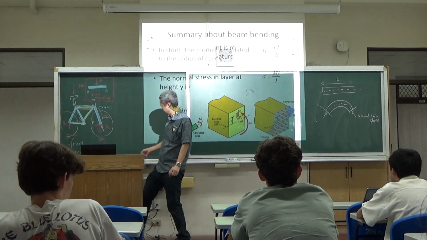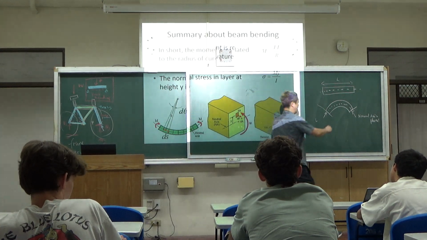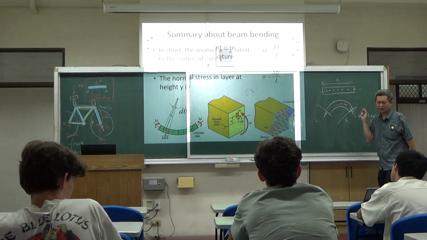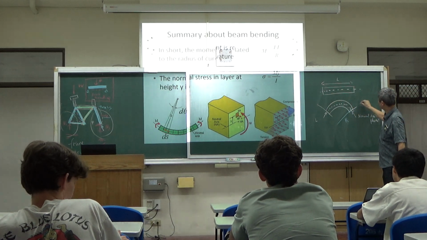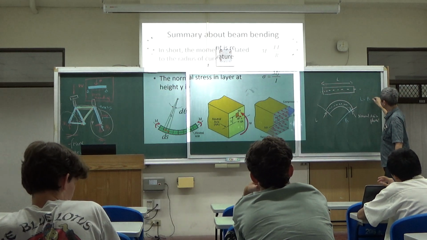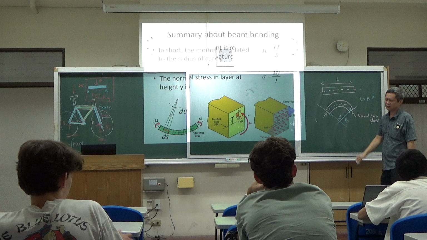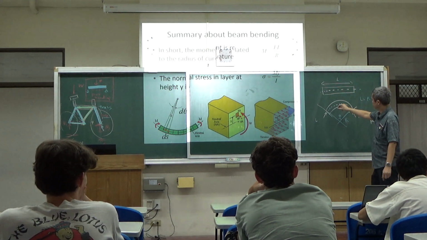From the geometry of a circular arc, with the radius r, this must be the arc. The arc length is equal to the radius times the angle. So by doing so, you can do the calculation.